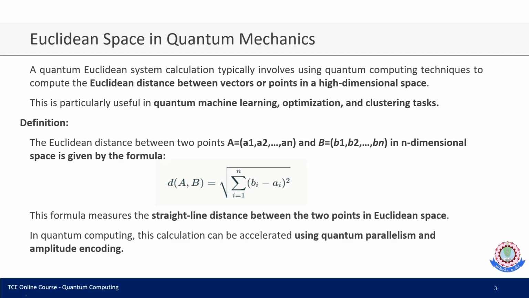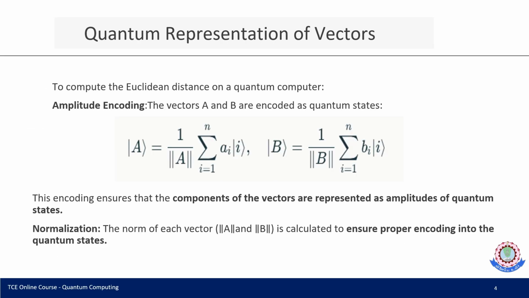In quantum computing, this calculation can be accelerated using quantum parallelism and amplitude encoding. Quantum representation of vectors. To compute the Euclidean distance on the quantum computer, amplitude encoding is very important.